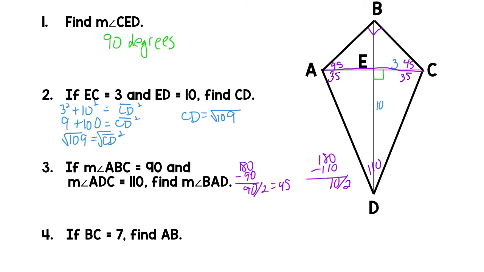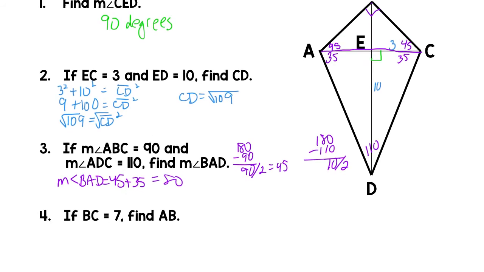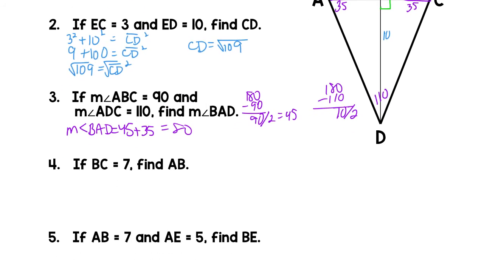Now, to find the measure of angle BAD, all we have to do is add those two angles together. So the measure of angle BAD is 45 plus 35, or 80. And consequently, it's also the measure of angle BCD.